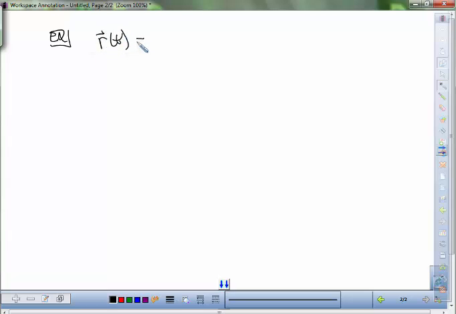So let r of t equal cosine t, sine t, and just t. Remember, just for the sake of being able to see this in the picture, I usually like to put a multiplier here. 1/2, no, something less than 1, right? So let's say 1/5 t.